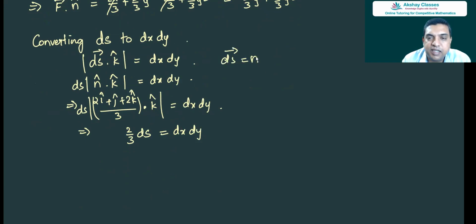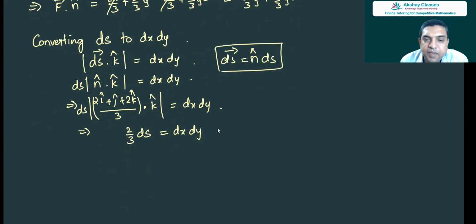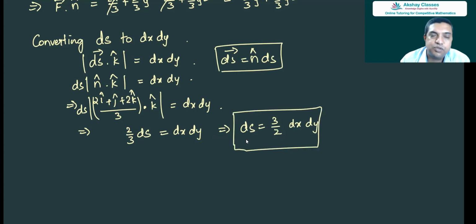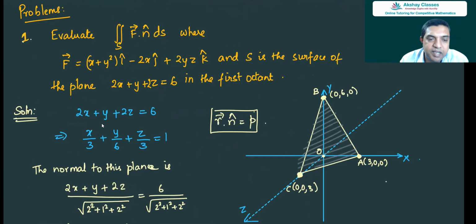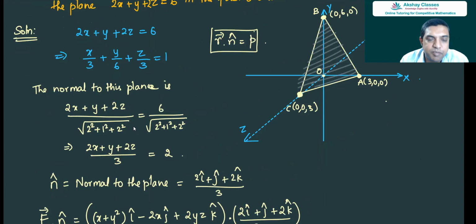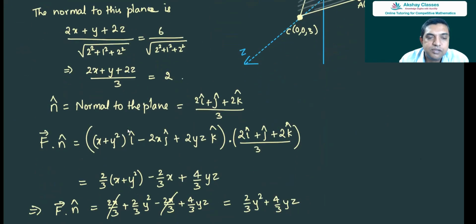So from here we get ds as 3 upon 2 dx dy. So the same ds, the integration, I can do over a plane much more easily, the xy plane.